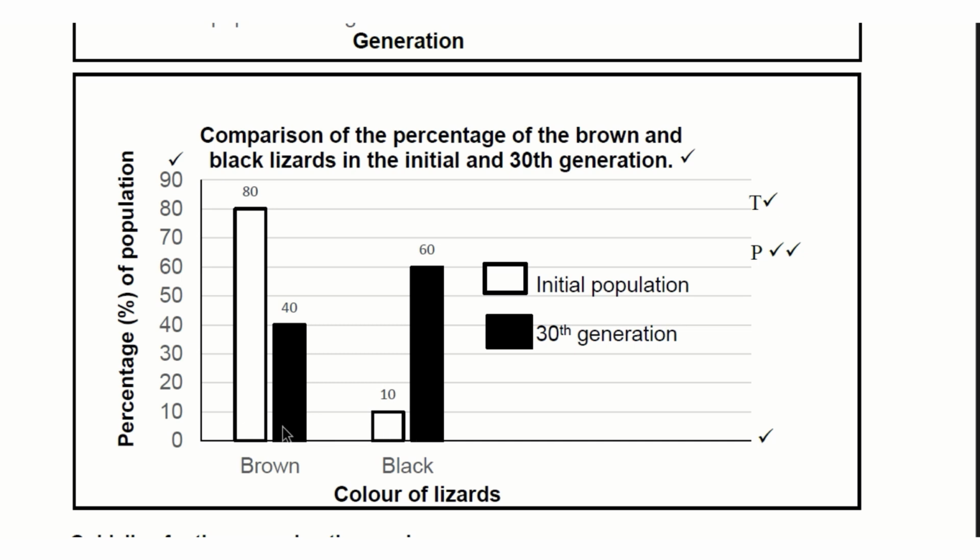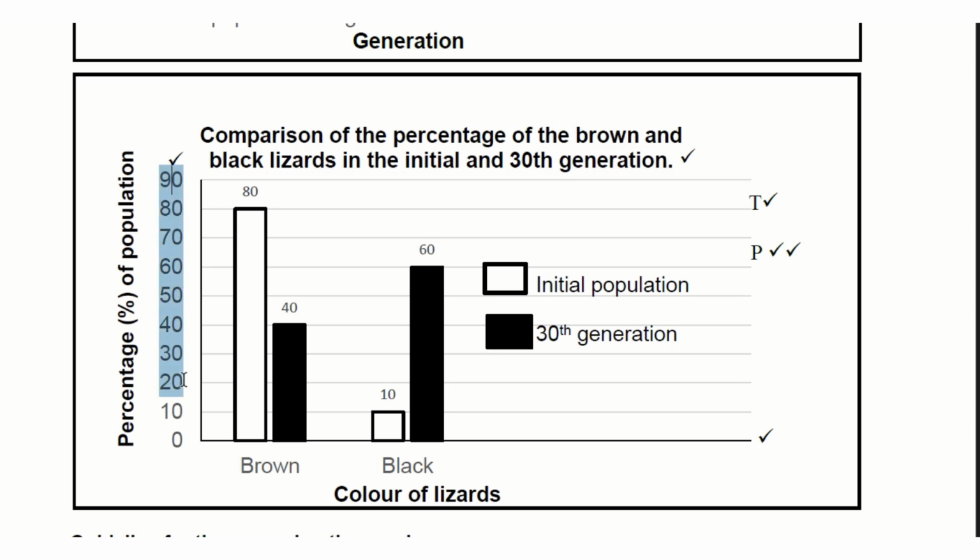And also the spaces between the bars have to be the same. So in this case, because it's a double bar graph, you have a small space between the brown lizards and the black lizards, and then a big space between the two. But regardless, those spaces have to be the same. So that's one area where learners lose marks.